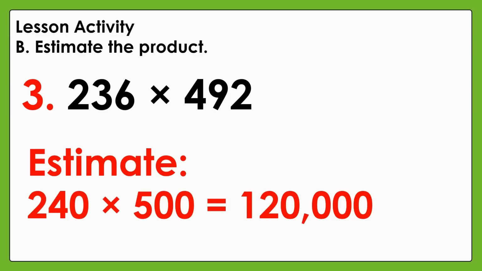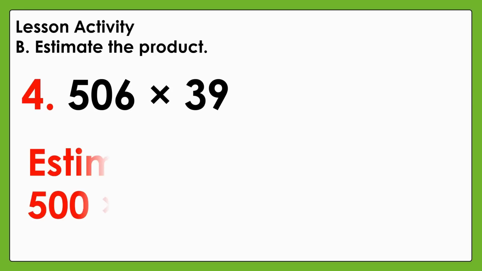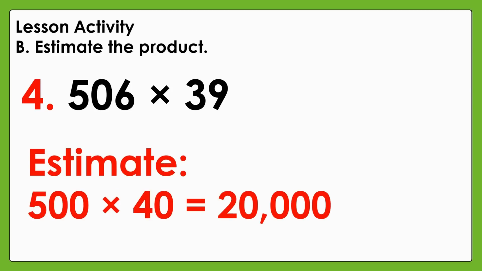Estimate 240 times 500 is equal to 120,000. Number 4, 506 times 39. Estimate 500 times 40 is equal to 20,000.